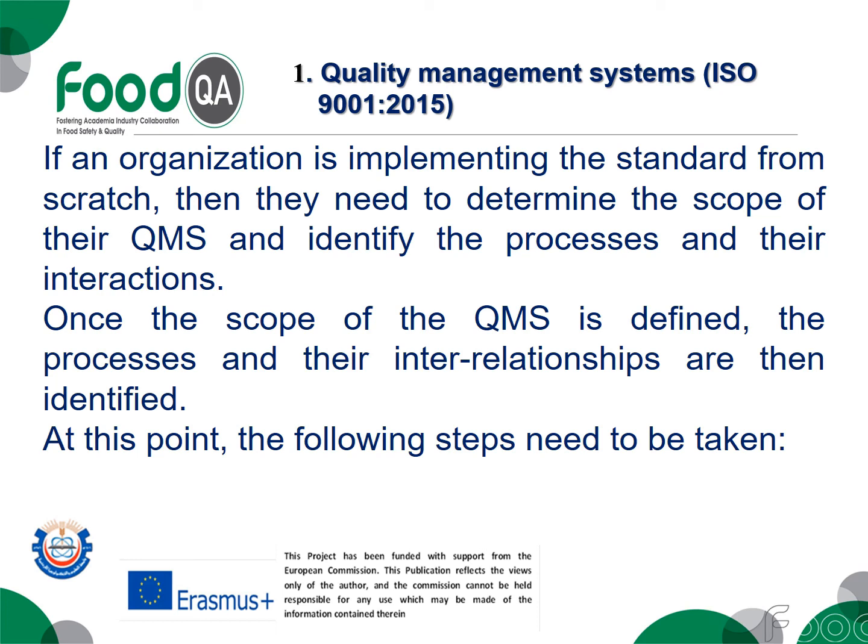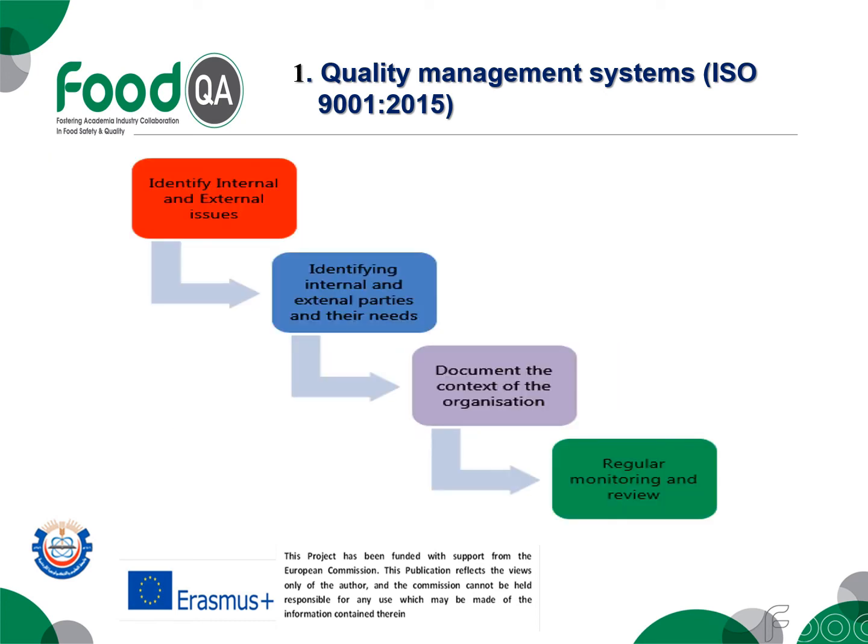At this point, the following steps need to be taken. Identify internal and external issues. Identify internal and external parties and their needs. Document the context of the organization, and then develop the regular monitoring and review.